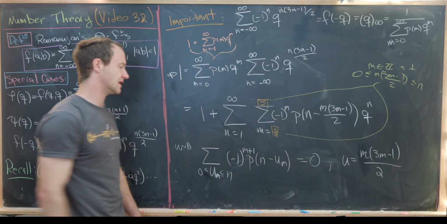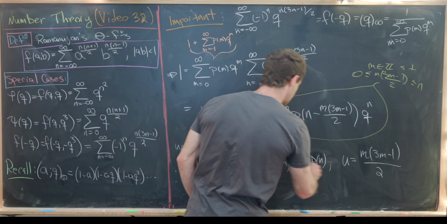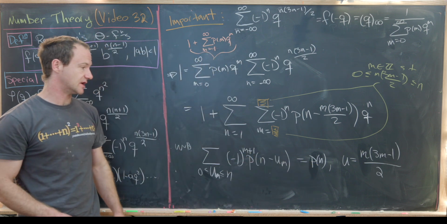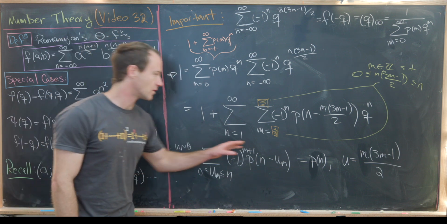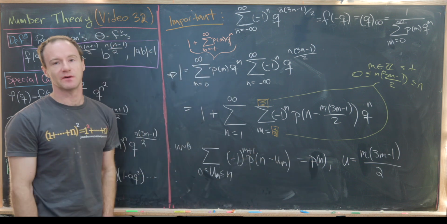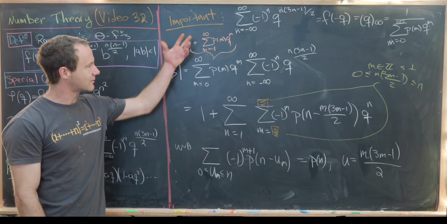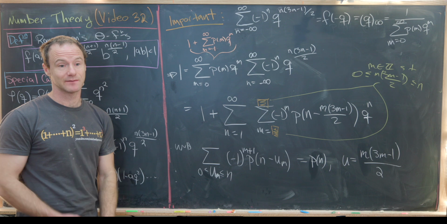That's like moving it to the other side of the equation if we put a p of n here. Now notice what we've got. We've got a nice recursion for the number of partitions of n in terms of number of partitions that are less than n. So let's summarize that at the top, and then we will give an example or two.